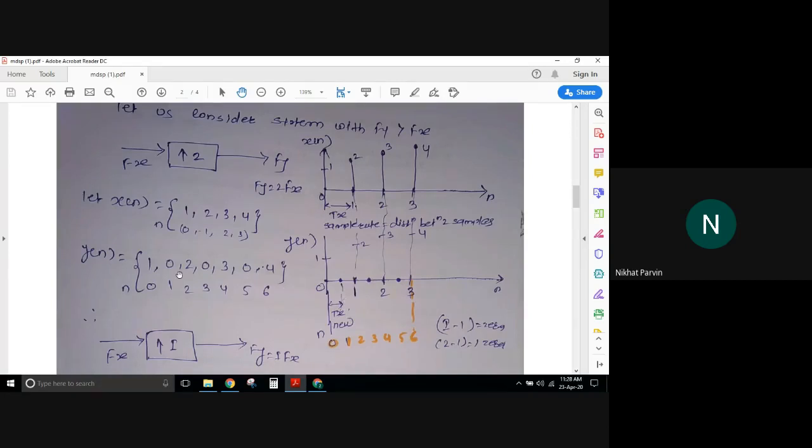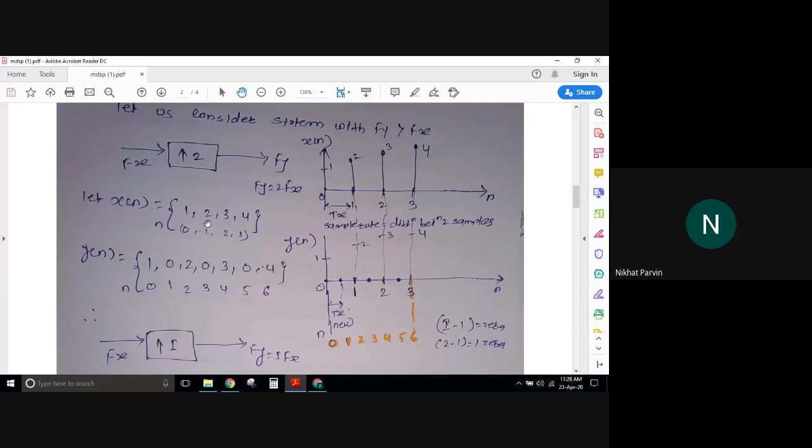So if I write the sequence, these are my new n intervals: 0 1 2 3 4 5 6, because of inserting the zeros in between. The magnitude at 0 was 1, and it is still 1, which means the actual input data is coming as it is, only you have inserted zeros.